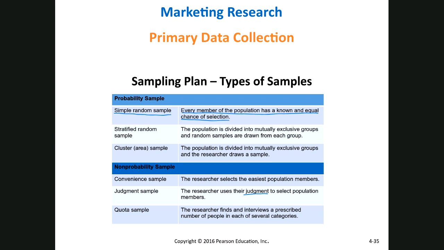So we might decide, well, we're going to ask 25 people in each category, right? Because it's something that affects the whole school, and we're interested in the overall feeling about it. And that would be an example of a quota sample. And those are all non-probability samples.